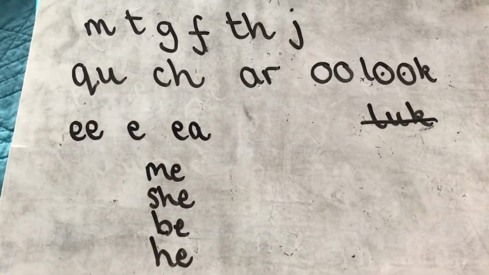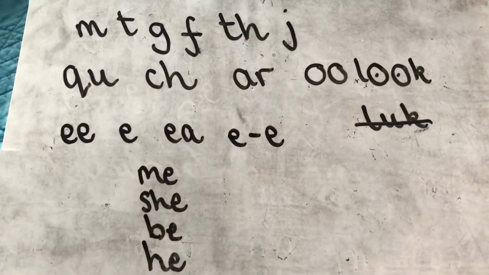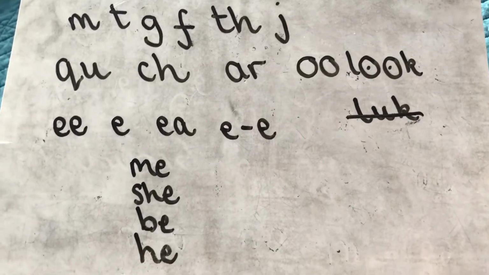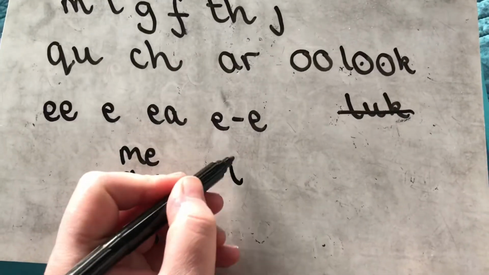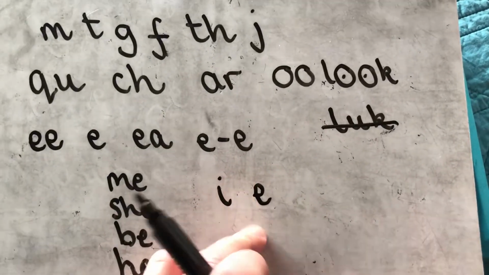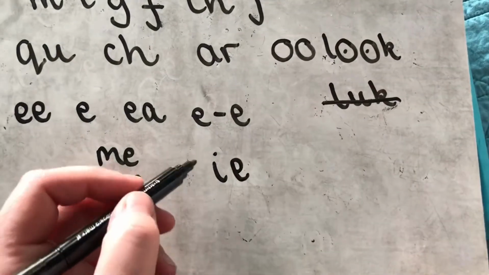Then we've got E in theme, which is split one. Then we've got E in field. Now you might not have got this one because it's the one that we're going to do in a minute. So it's, oh no, it's not. What am I doing? It's not a split. It's just like this. That's how it's spelled. So it's field.